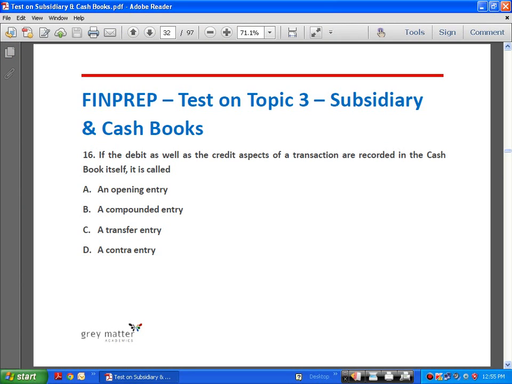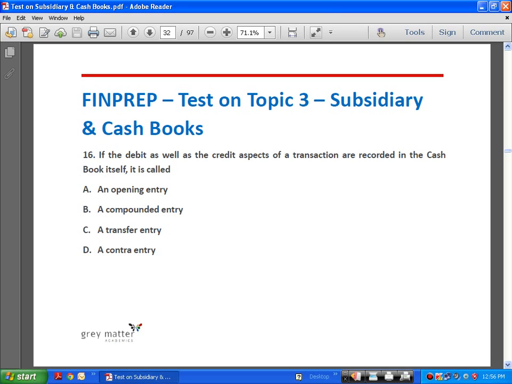A two-columnar cash book means on the debit side and on the credit side there will be two columns, one for the cash, one for the bank. So on the debit side we would be recording all the cash receipts and the bank deposits, and on the credit side we would be recording all the cash payments and the withdrawals from the banks or checks issued.